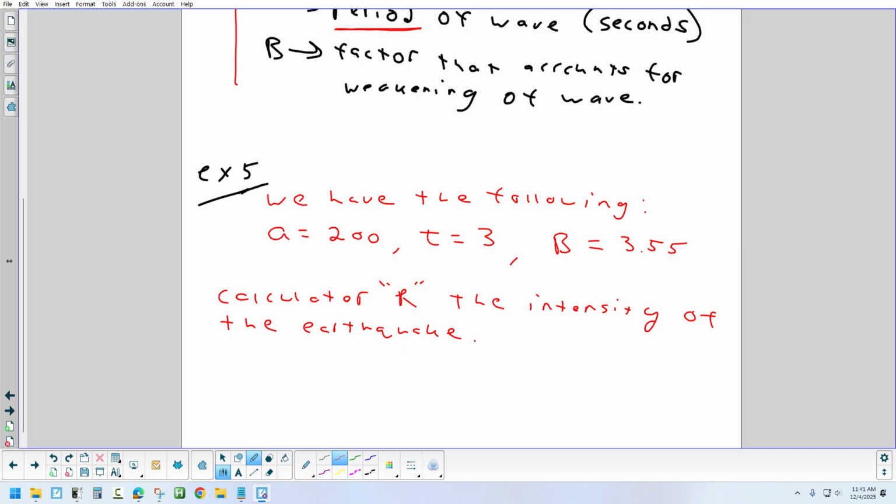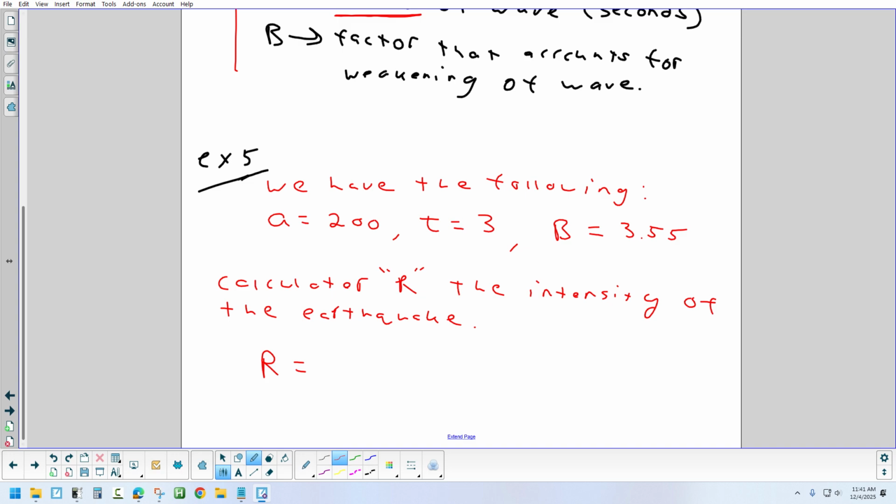Okay, so the first thing that we need is to fill everything into the formula. What's it going to look like when we fill in our 3 values? R equals log of (200 over 3) plus 3.55.